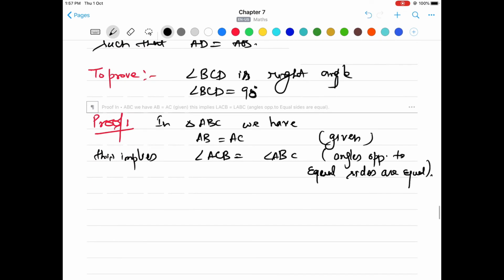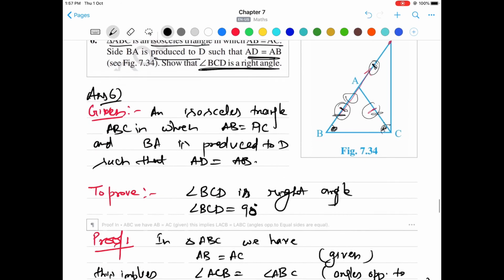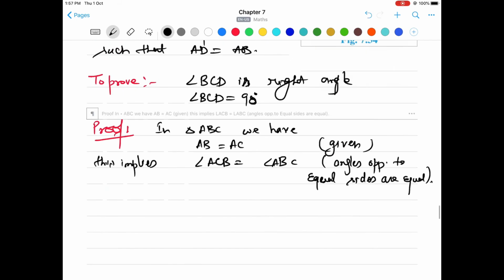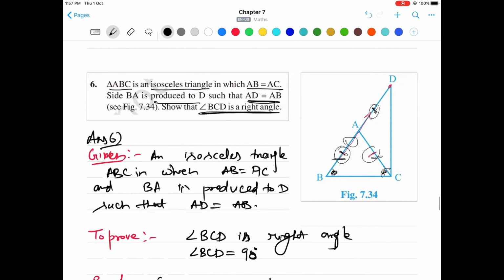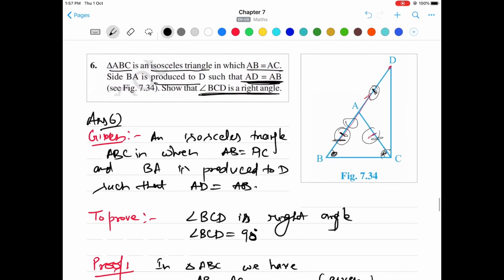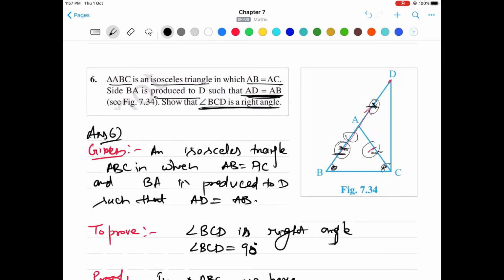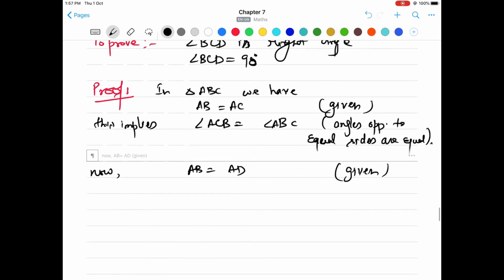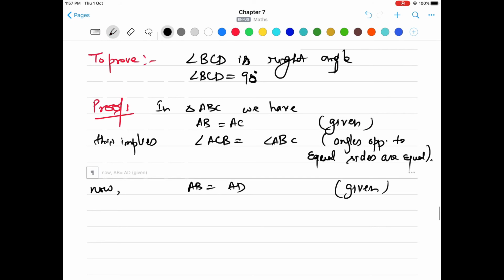Similarly, now we look at this side. Since AB is equal to AD, this is given in the question, so this is also given. Since this AB and AD are equal, and you can notice from here that AB is equal to AC, and AB is equal to AD, which means AC and AD are also equal.